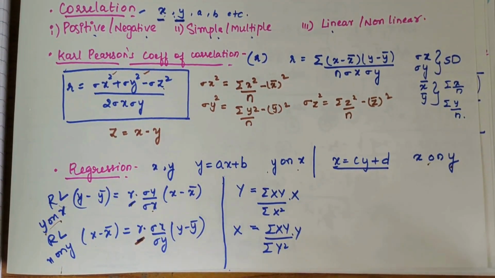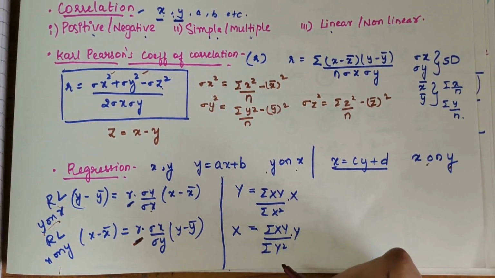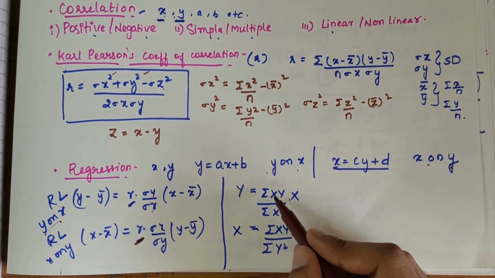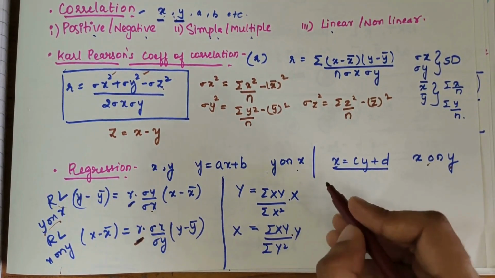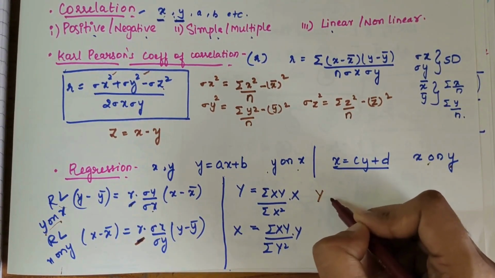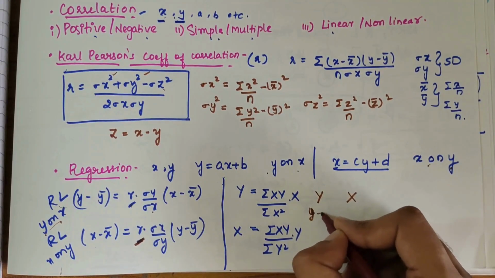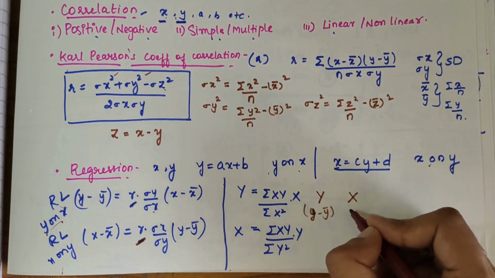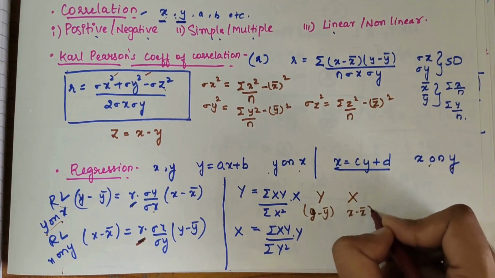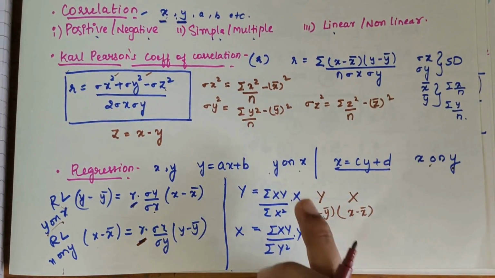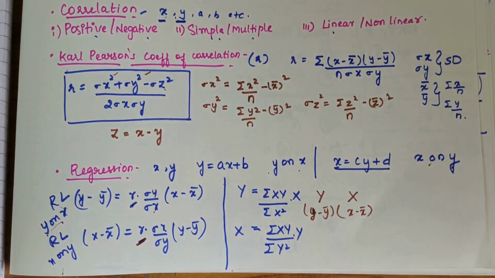Suppose you don't know the value of r, then you have another set of formulae, that is Y is equal to summation XY by summation X square into X. Here we are using capital Y and capital X. Capital Y is y minus y bar, and capital X is x minus x bar. So these two formulae can be used when we don't know the value of the coefficient of correlation, that is r.